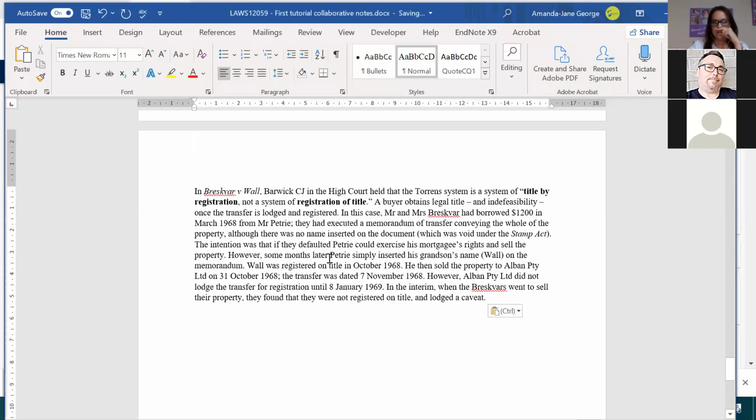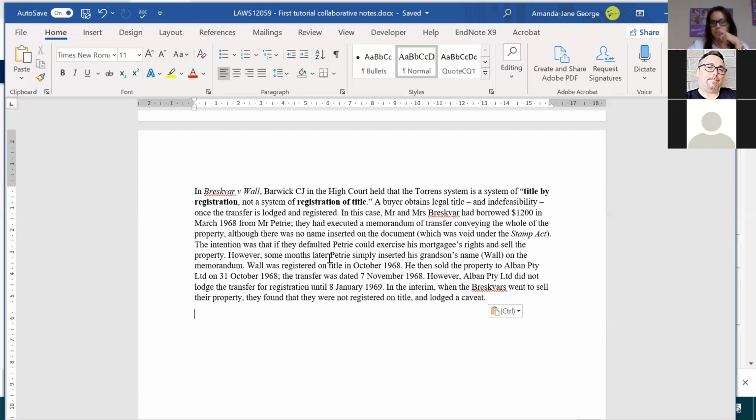Yeah, that was where the owners of the property handed over a transfer signed without a buyer's name, and the person who got it then put the grandson's name and registered it in the grandson's name, and then on-sold the property from there. Yep. And then a third party didn't know about it, so again, they lost out because of indefeasibility. Yep, exactly. And they, to some extent, relied on the point from Fraser for that. Yeah, more shenanigans going on.